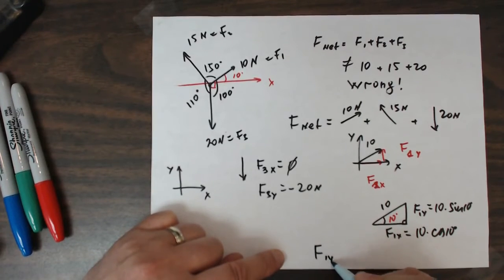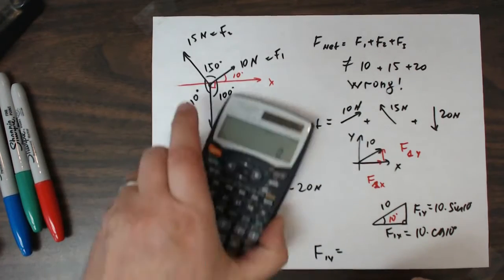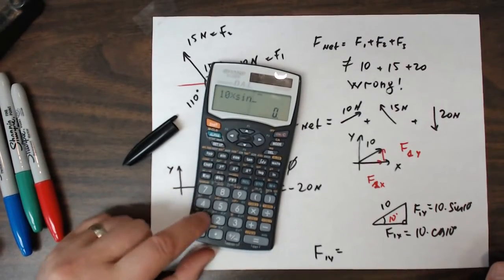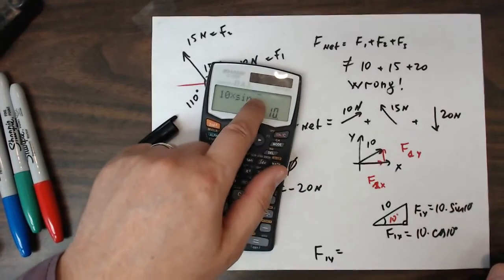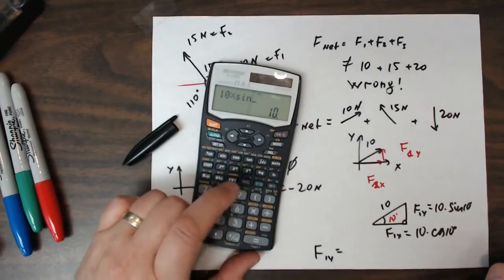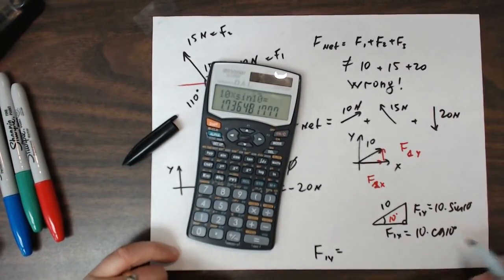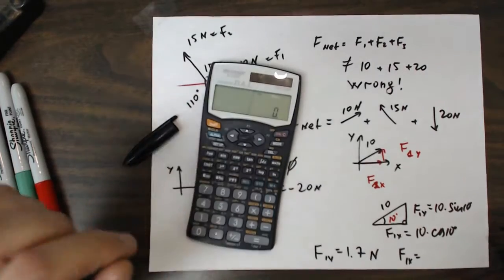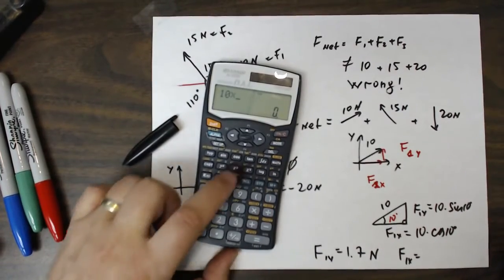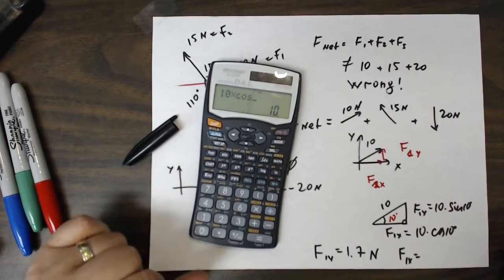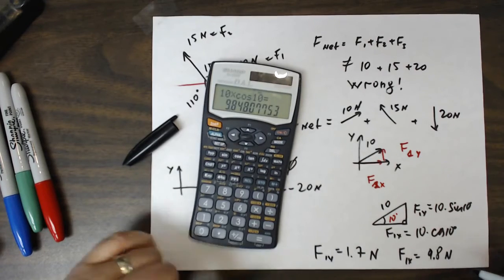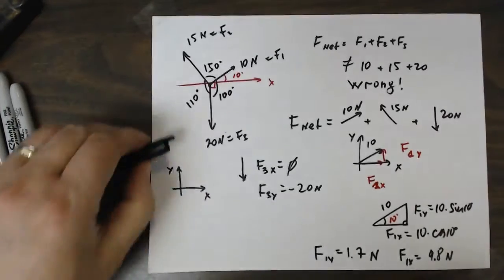So F1y will be equal to 10 times sine of 10 degrees. You see degrees, we have to use degrees. And gives about 1.7 newtons. And the x component 10 times cosine of 10 degrees, about 9.8 newtons. Well, almost there.